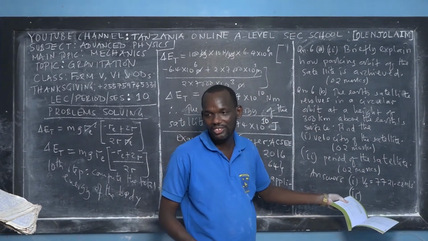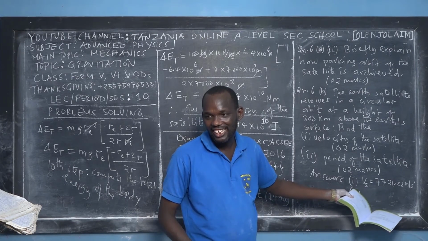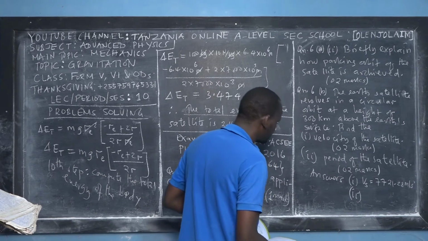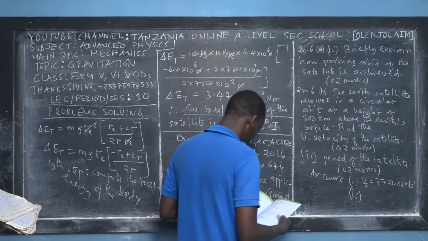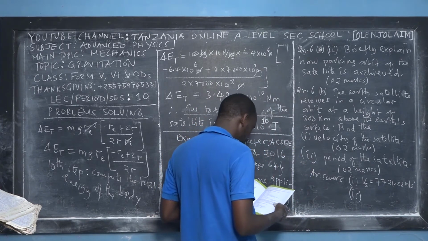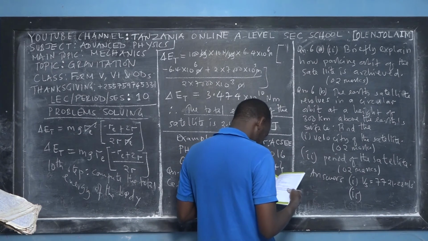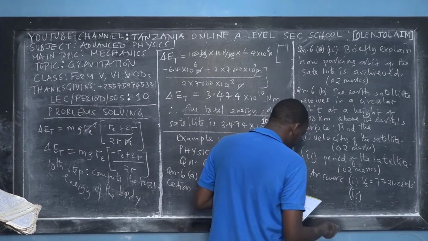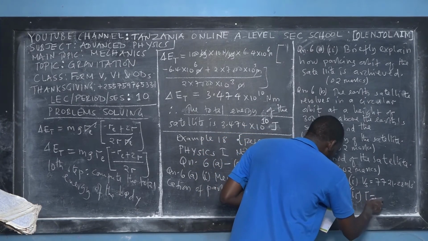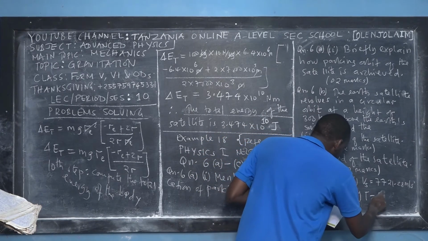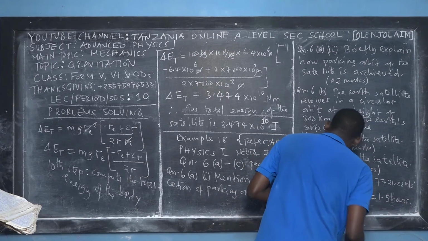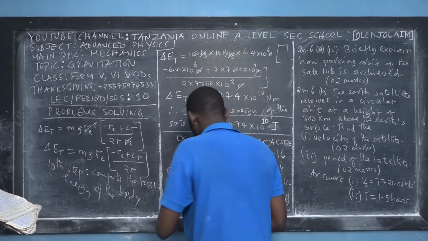You remember that we found 8,000 meters per second, or 8 kilometers per second. You have to differentiate it from the one that we found, 30 kilometers per second. And then the period of revolution, period T, you have to make sure that you get 1.5 hours.